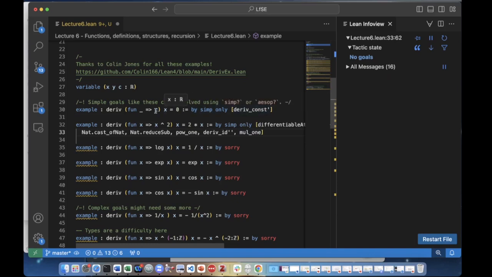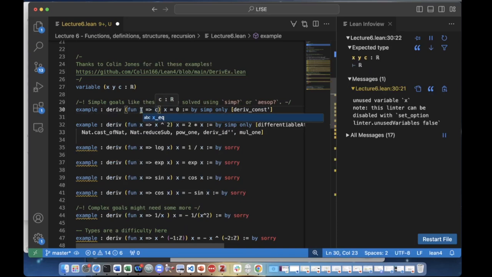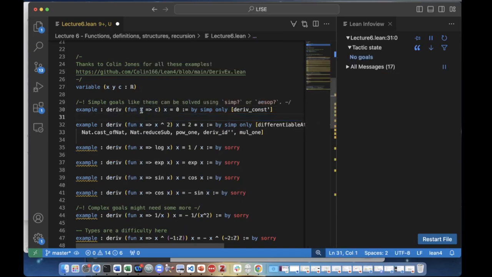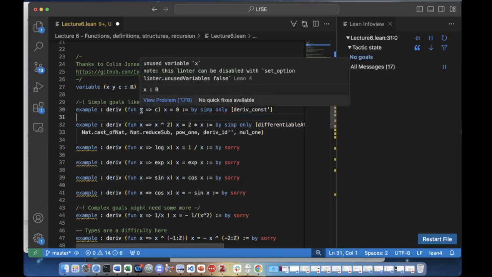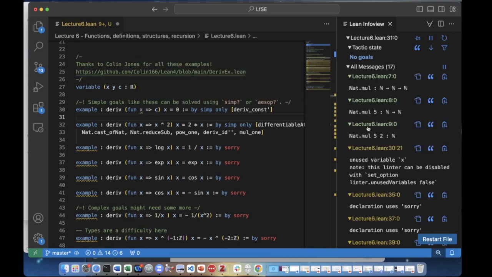Here's another one. This one is just the derivative of a constant value. The derivative of c with respect to x is equal to 0. And this one's kind of tricky because I might say, well, I have a function of x and that's equal to c, but x is not actually used. So if I put x in here, we get an underscore and it says unused variable x. If I open up the messages, we will get a warning here, unused variable x.